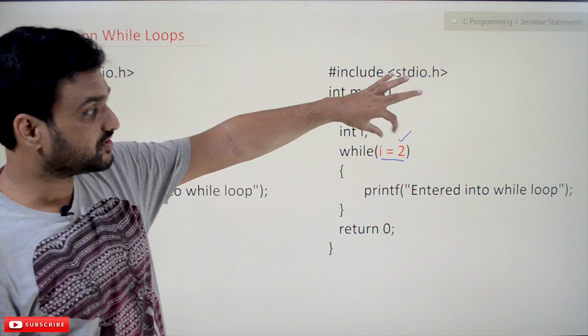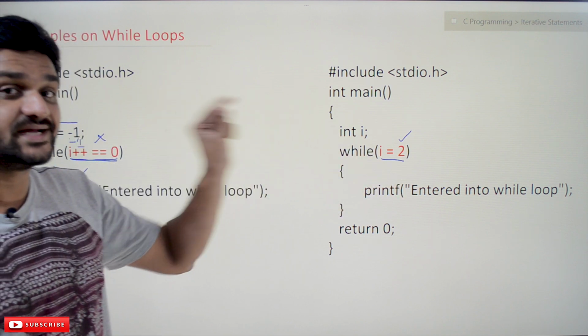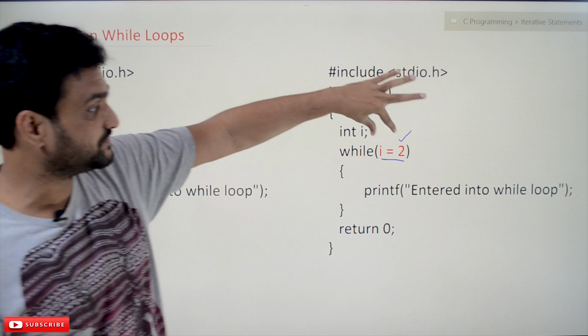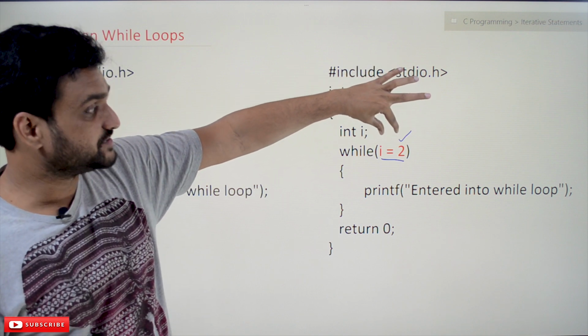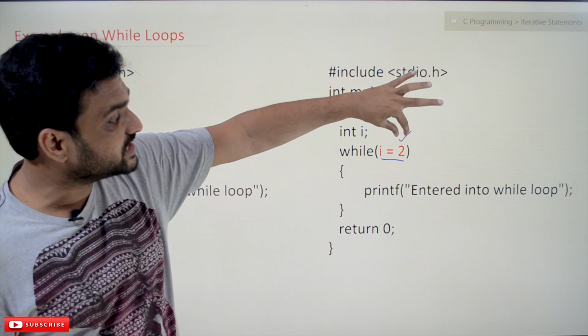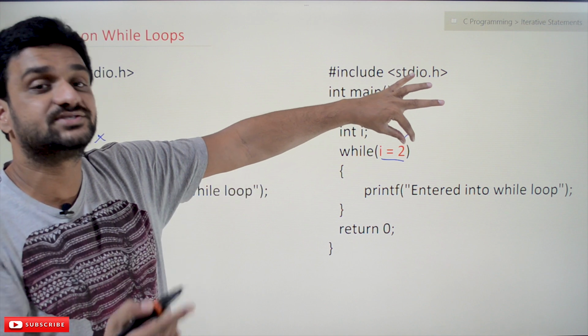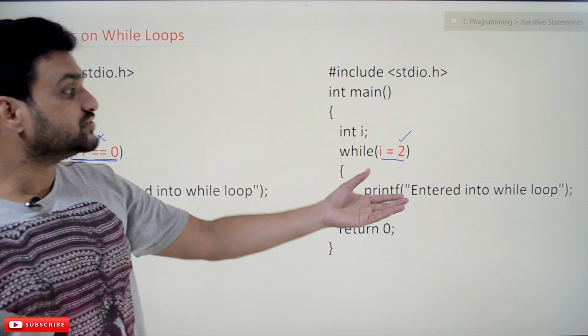It is an assignment operator, and assignment is possible whenever it is done in the while statement. The value that has been assigned will get considered, and if it is equal to 0, then it is considered as false. If it is other than 0, then it is considered as true.